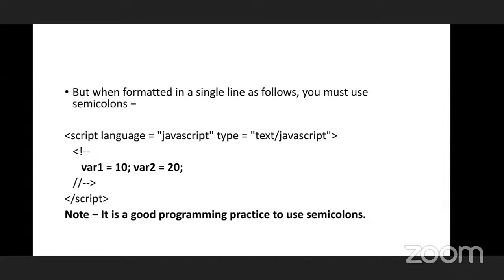Otherwise, if you assign the values on separate lines, no need to write the semicolon. This is the rule. But it is good programming practice to use the semicolon, because in any programming language it is common practice. So as a good programmer, it is good practice to use semicolons.